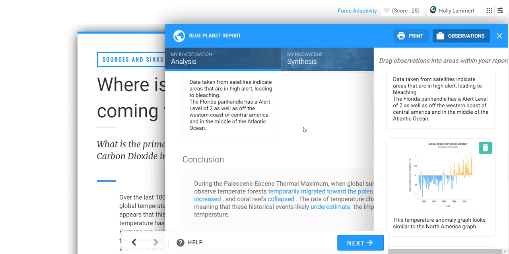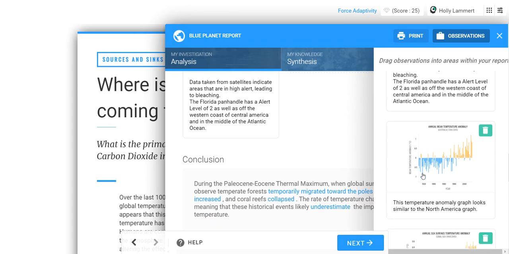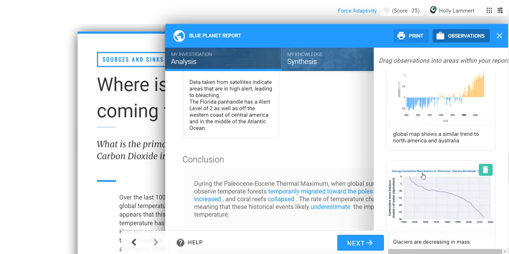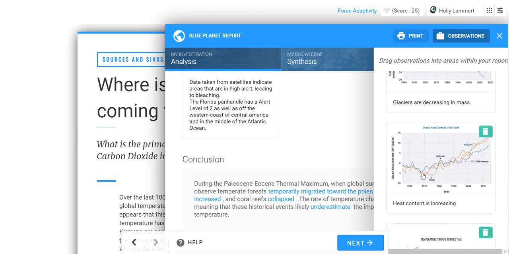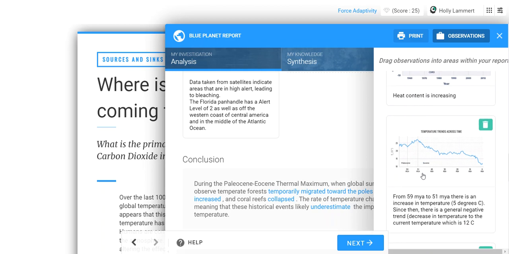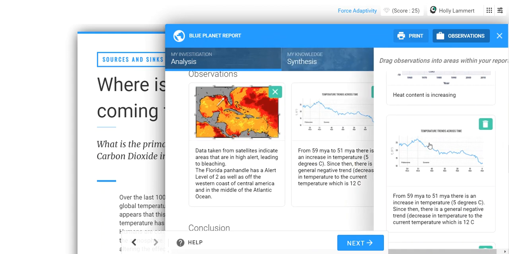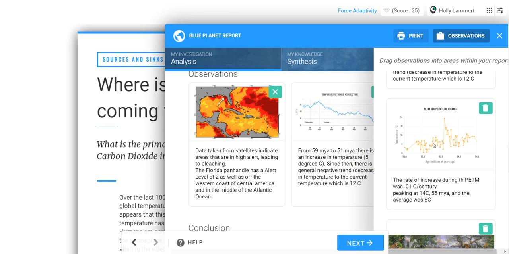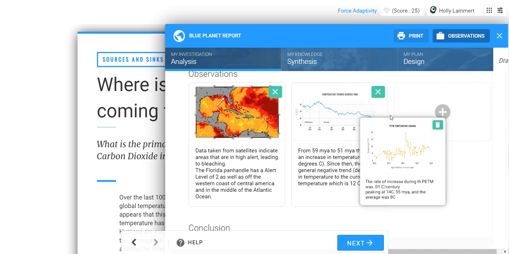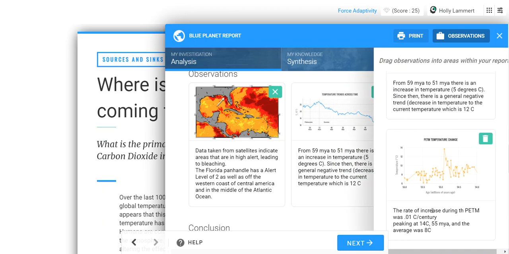Maybe we want to include something about the PETM, the thermal maximum. So which one of these? Temperature trends across time, so I'm going to include that one. And I want to include this one too. This one's showing the rate of increase and when it peaks.